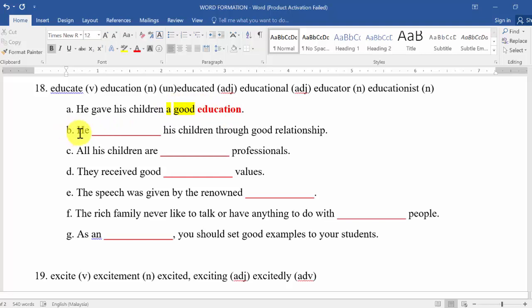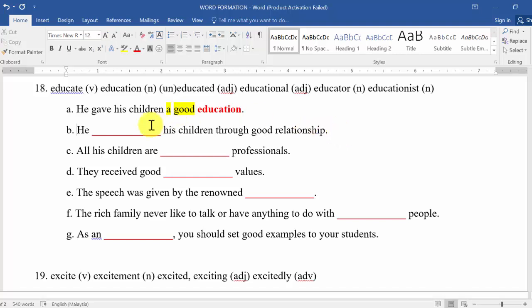Next one. B. He brought his children through good relationship. Do you notice something in this sentence? We do not have a verb. He is not a verb. His, no. Children, no. Through good relationship, they are all not verbs. As I told you before, to form a sentence, we need at least a noun and a verb.